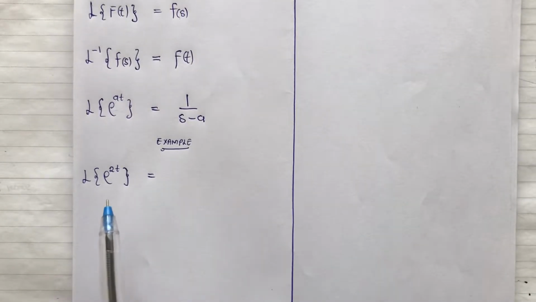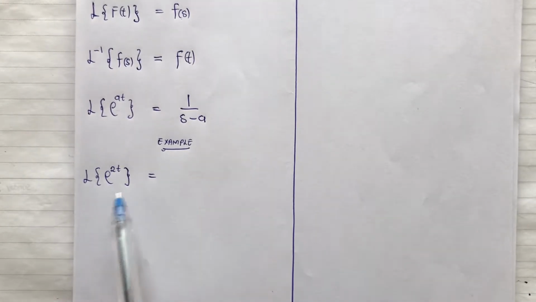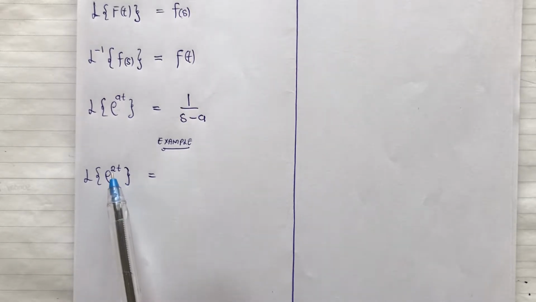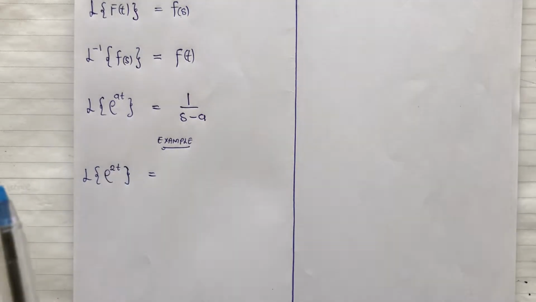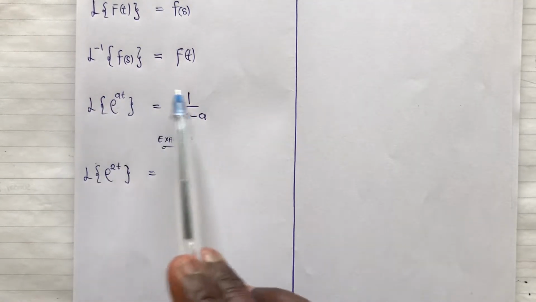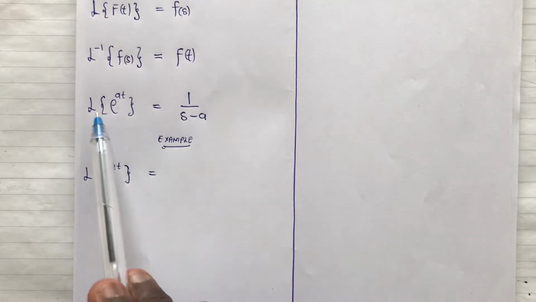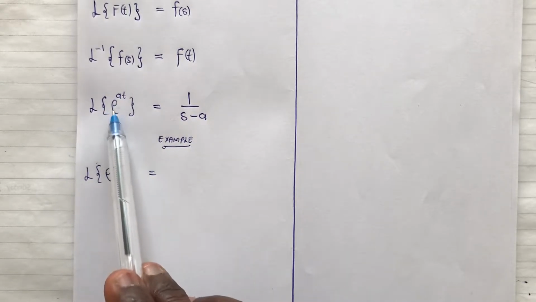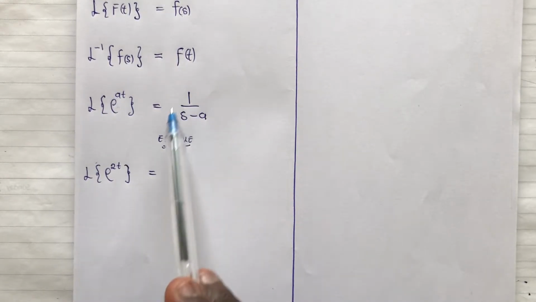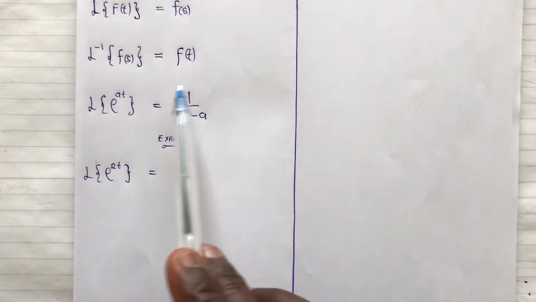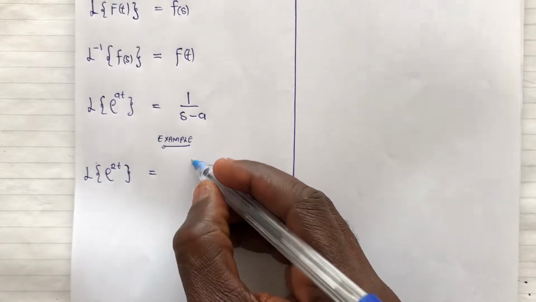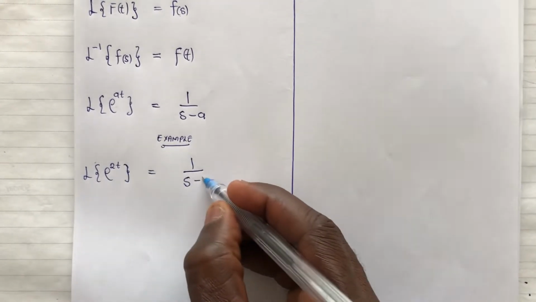Now, for example, let's take the Laplace transform of e to the power 2t. A here is equal to 2 because a is a scalar. Now, after proving this equation, this was the result. We learned that the Laplace transform of e to the power at was generating 1 over s minus a. Now, if a is 2, then let's substitute it there. The result we are getting is 1 over s minus 2.